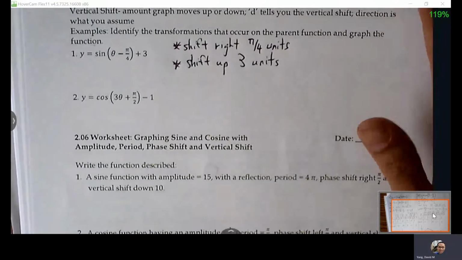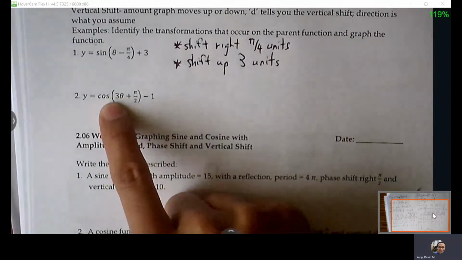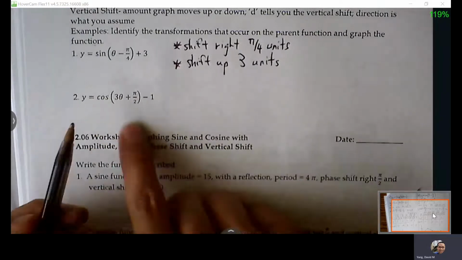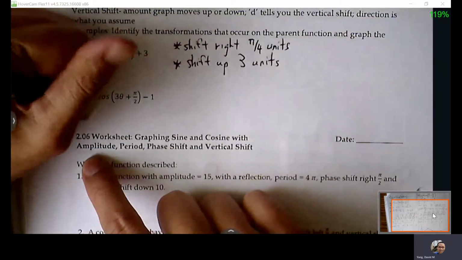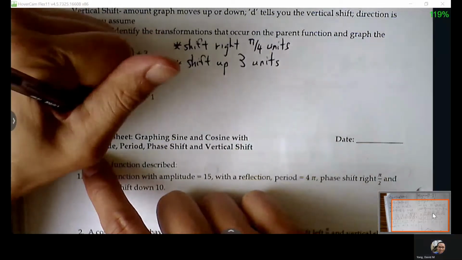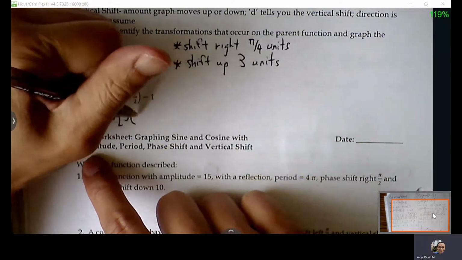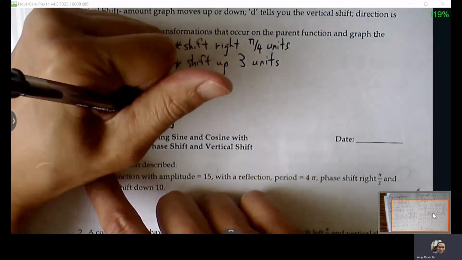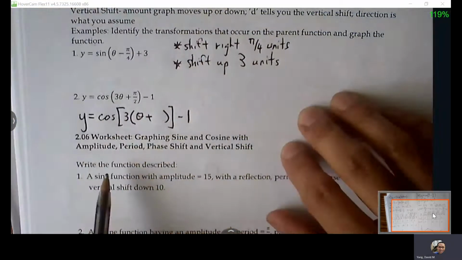All right, number 2, we're going to have to rewrite this so that we can get a true read on what's happening with our phase shift. We need a 3 outside a set of brackets here. So cosine bracket 3 parentheses theta. Got to figure out what goes in that space.